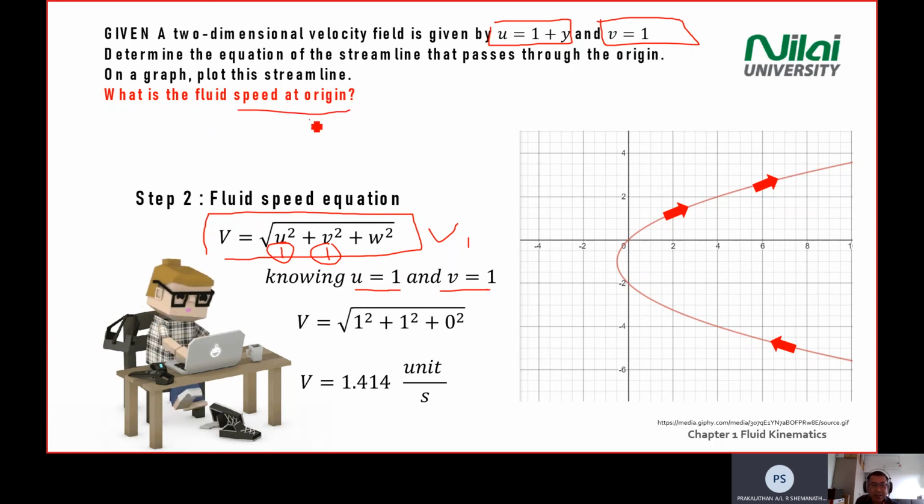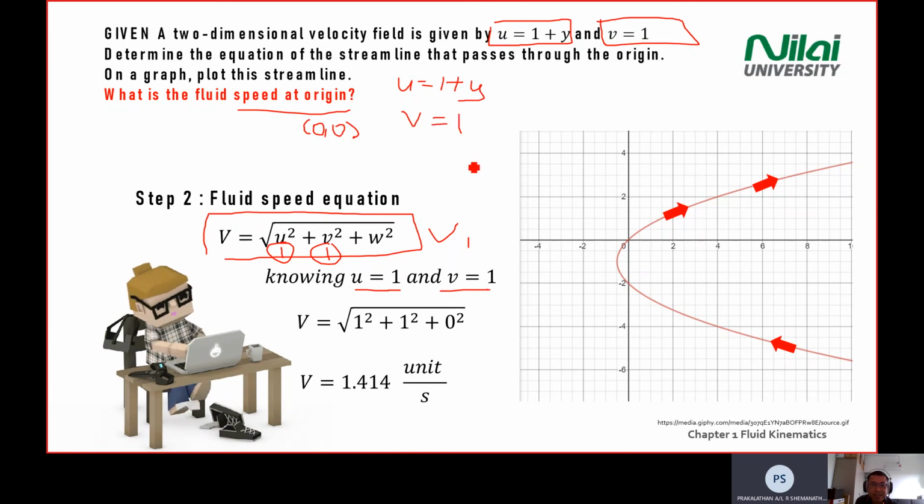At the origin, what is the coordinate for origin? 0, 0, 0. What is the u given equation? 1 plus y. V equal to 1. Okay. So this is given. So you substitute y 0, you get 1. So 1, 1. So square of 1 plus square of 1, you get square root of 2.